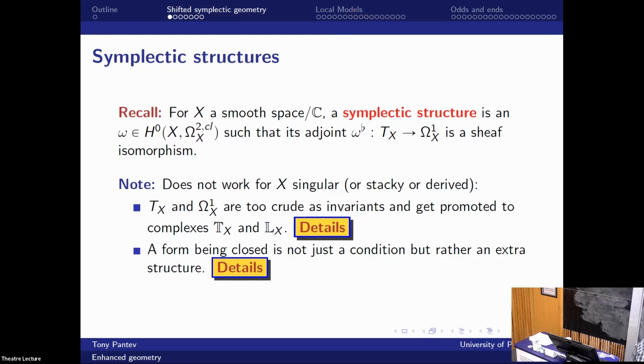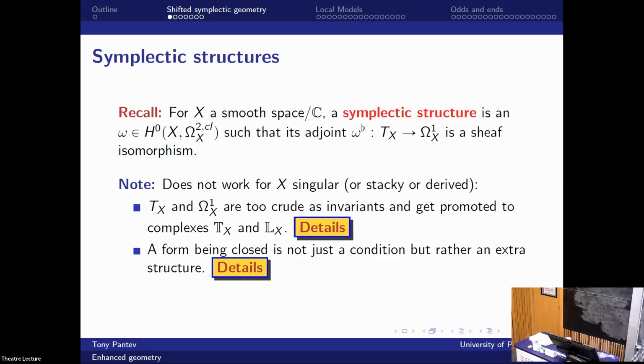And if you try to generalize this concept to more intricate geometries, it doesn't quite work. So if X is singular, or if it has some fuzzy structure that's coming from its intrinsic geometric nature, say it has some stackiness with automorphisms at each point, or it has some nilpotence or homological nilpotence in its function theory, then your infinitesimal data is much more complicated.